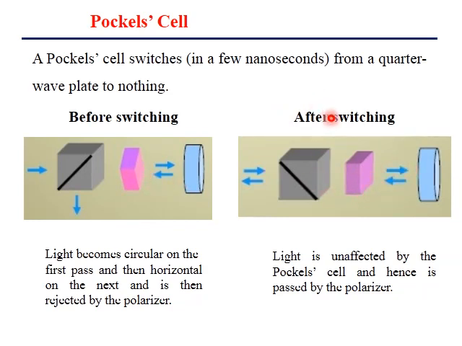After switching on, light is unaffected by the Pockels cell and hence is passed by the polarizer. So here there is attenuation, where the beam is rejected by the polarizer, and here the beam is allowed to pass.